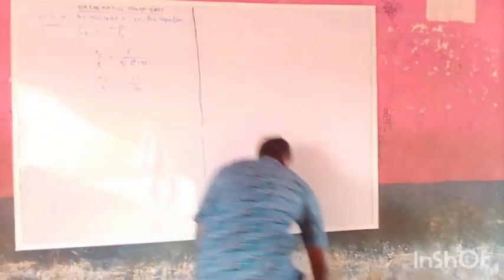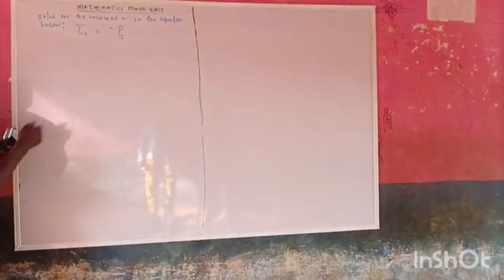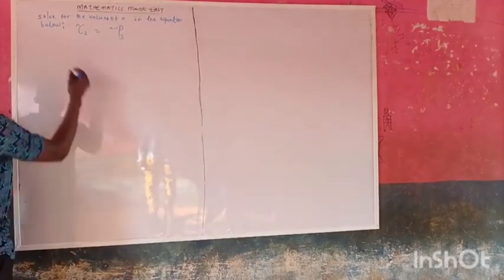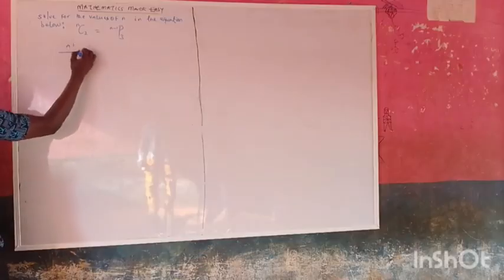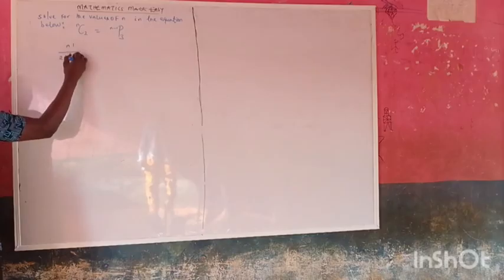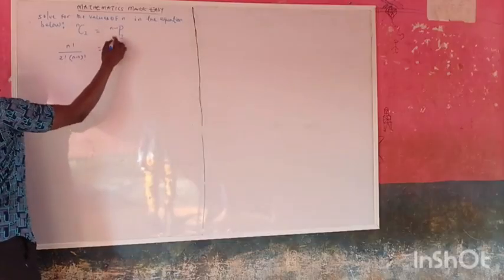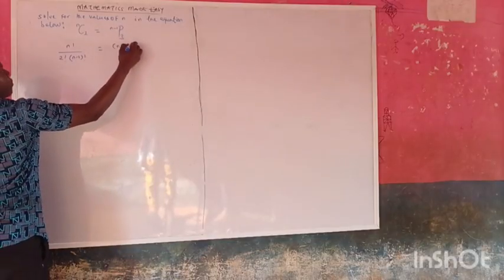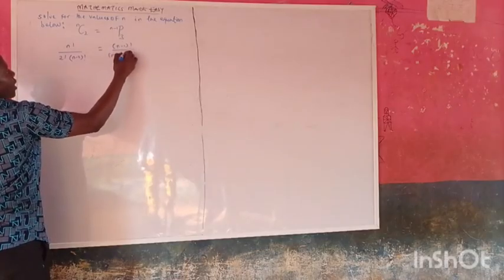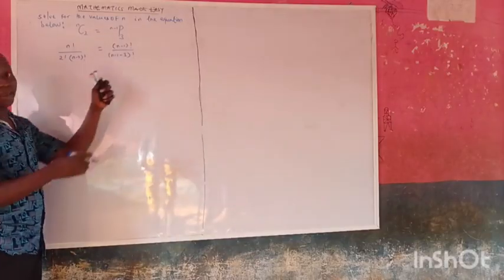Let's follow. So how do we now express n combination 2? n combination 2 will be n factorial over 2 factorial multiplied by n minus 2 factorial. Then this one will be n minus 1 factorial over n minus 1, then minus 3 factorial, from the rule I gave you.